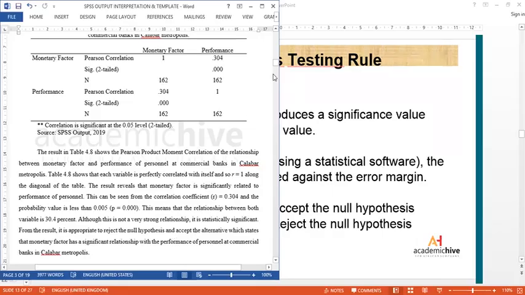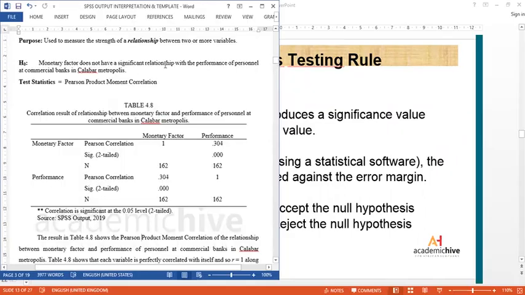So if the null hypothesis said that monetary factor does not have a significant relationship, and now we are rejecting the statement, can you tell me what the decision is now? What will your alternative be? Can someone type in the chat, or can someone say what the alternative will be?